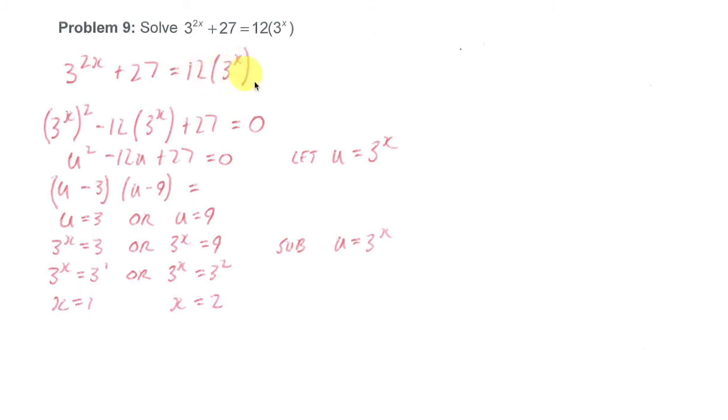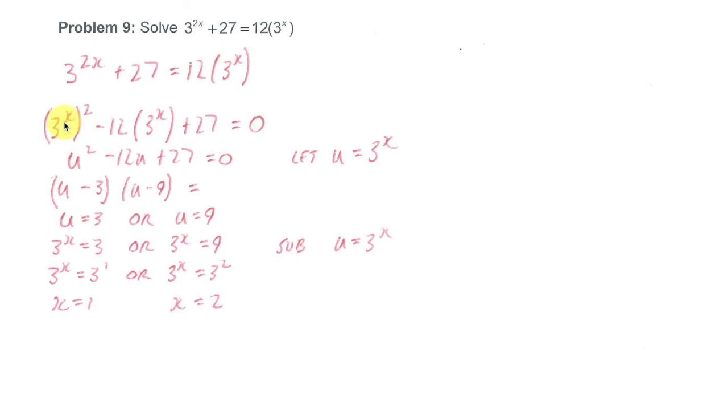Let's subtract that from both sides, which I've done. And I've rewritten this 3 to the power of 2x, so it's 3 to the power of x all squared. Now what that's achieved is I've basically got some junk squared minus 12 lots of some junk plus 27 equaling 0. So you can see it's like a quadratic.